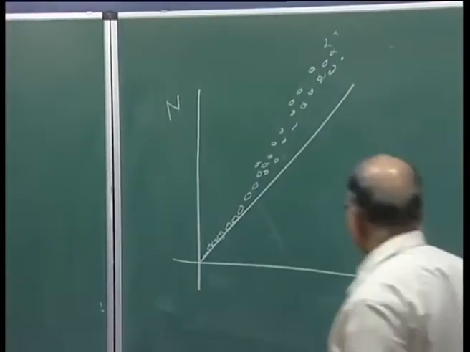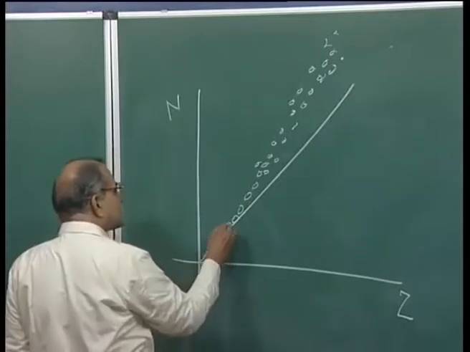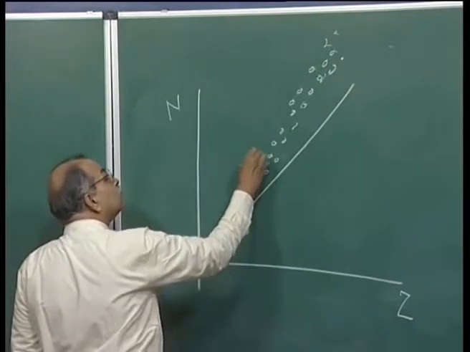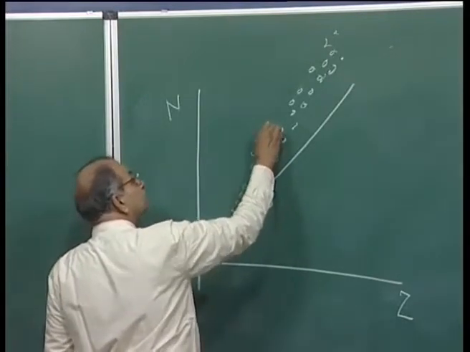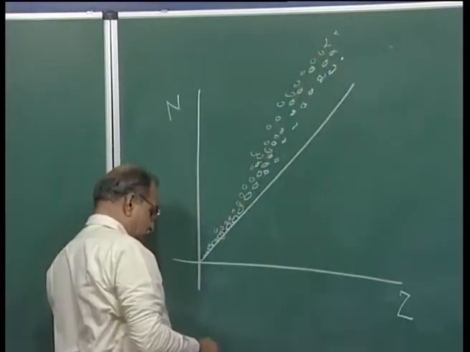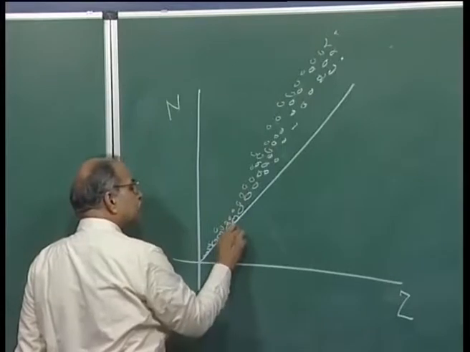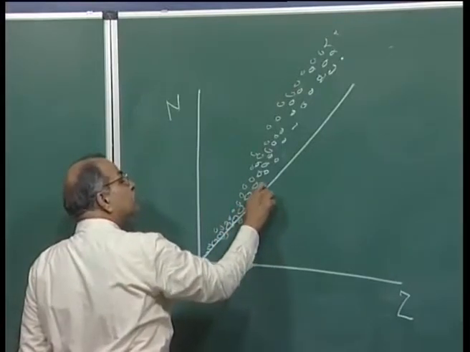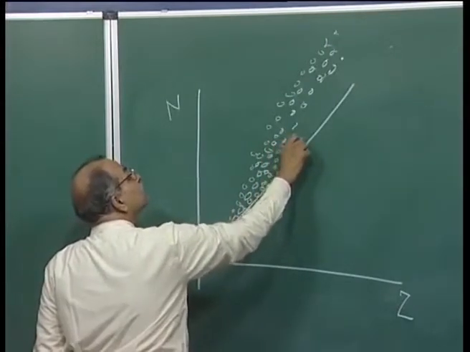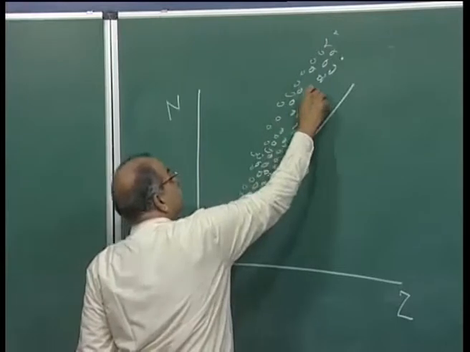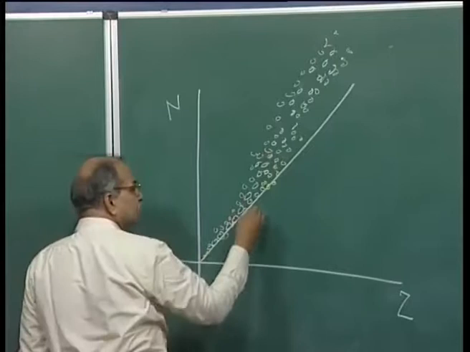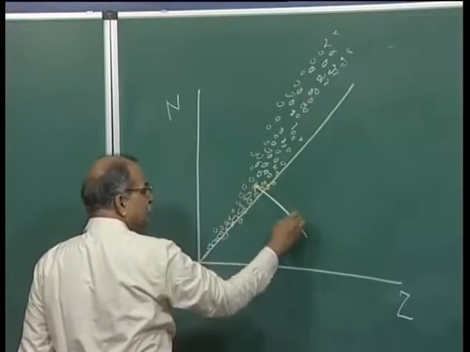And then you have nuclei on the two sides of it, like this. So, you have nuclei like this, and you also have nuclei like this, somewhere here. Right. So, these white things correspond to stable nuclei.